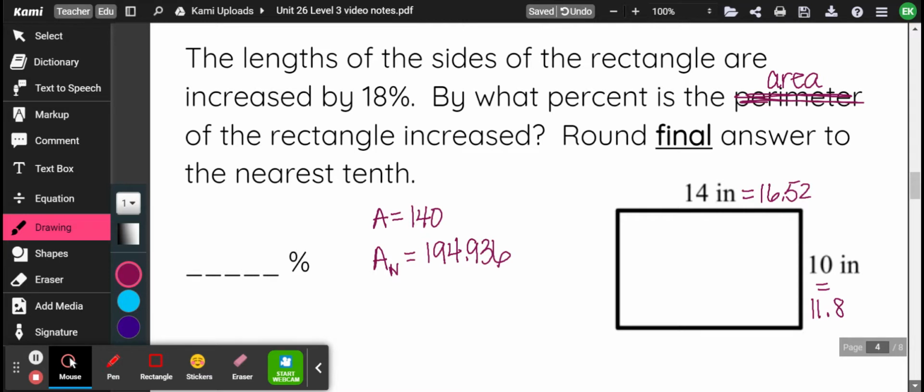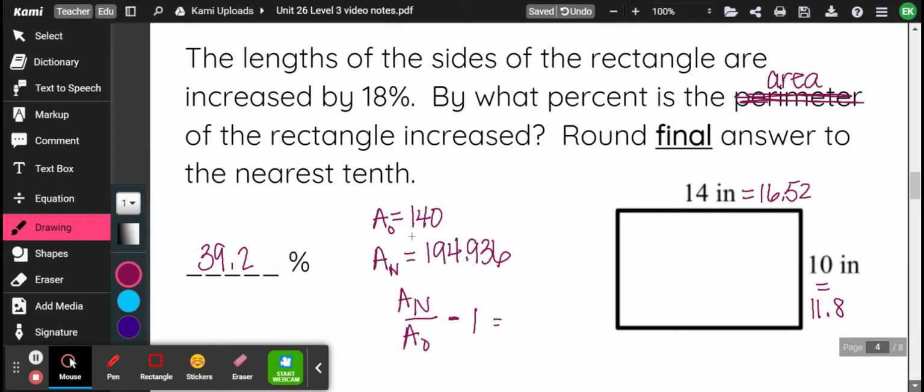There's a couple ways we can do this. We could subtract and then divide by the original. Or we can take the new divided by the original, and then subtract 1. Either way, we get 39.2%.